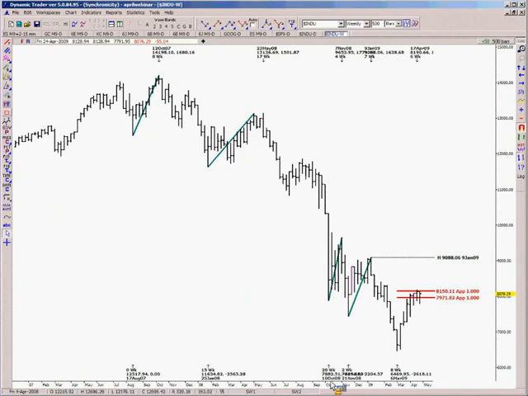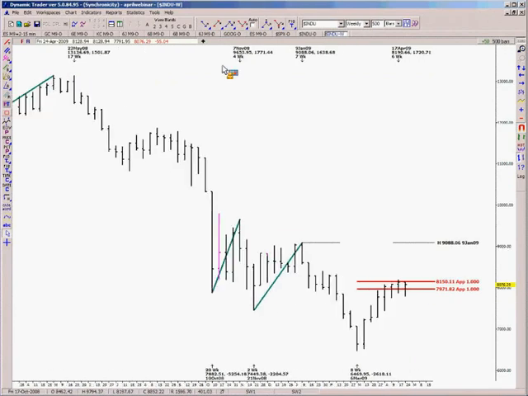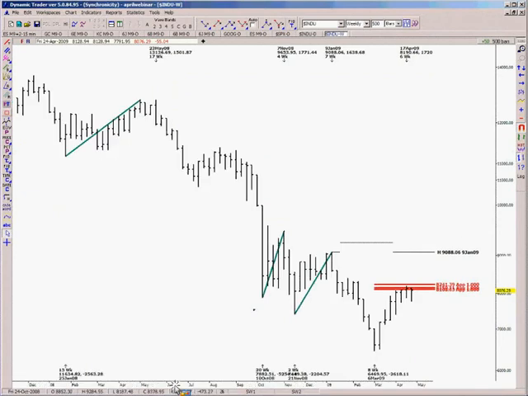We've gone beyond that as far as a symmetry projection. Let's see, we've got a 1771 rally, low to high, projected from the low, and then a 1638 and change rally, low to high, projected from the low. So you see where the markets have been stalling recently.